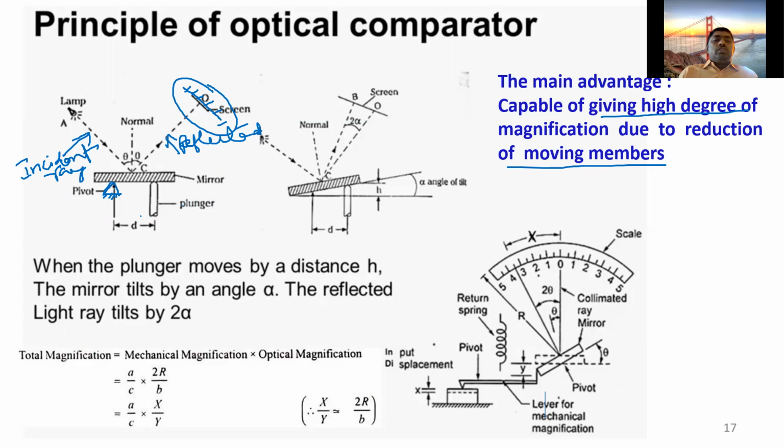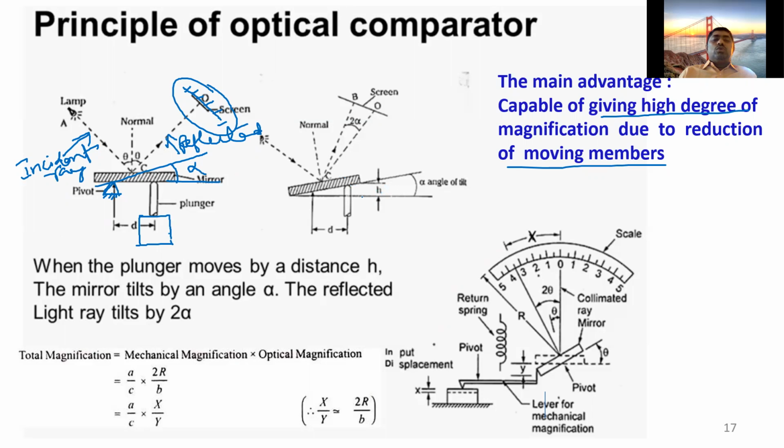Here the workpiece is placed underneath the plunger. If any deviation is there, the mirror rotates or tilts through some angle alpha.